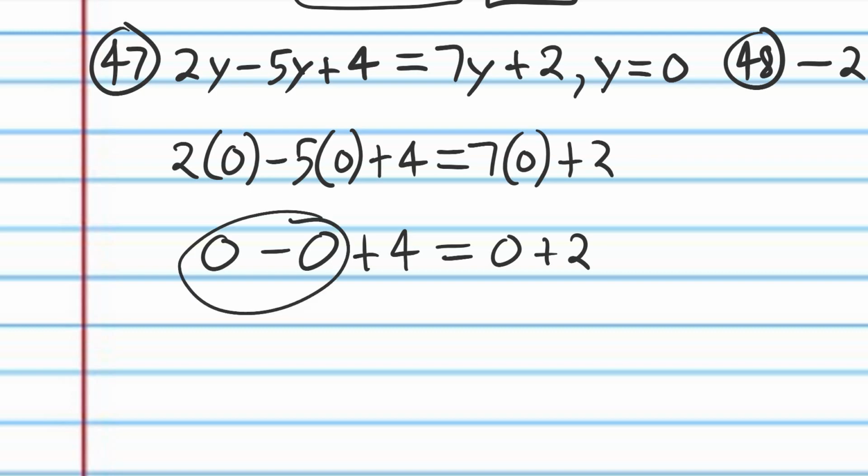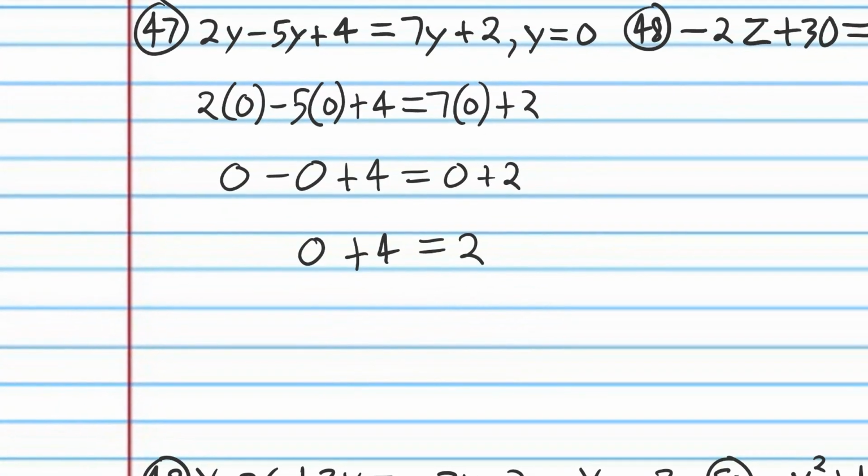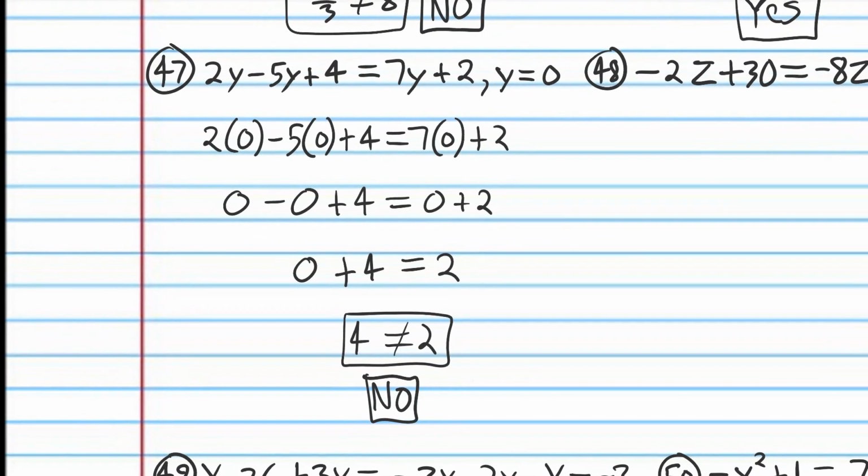So 0 minus 0 is just 0. Those go away, and then you're left with 0 plus 4. And 0 plus 2 is 2. And 0 plus 4 is 4. And 4 does not equal 2. So no. Y equals 0 is not a solution.